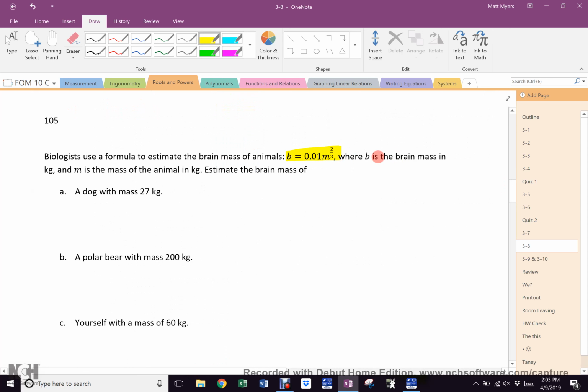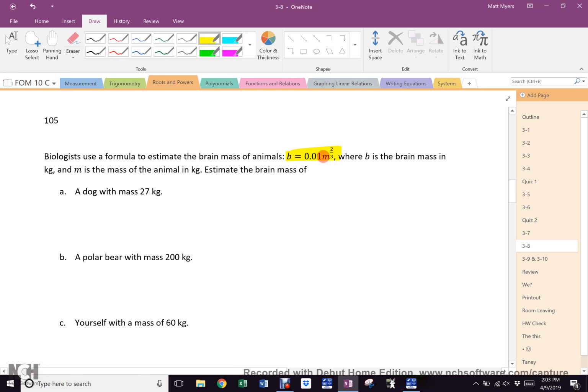My brain mass, B, and the mass of the animal in kilograms, M. Is this a question where I want some weird square-rooted answer, or do I want the actual decimal? Why? Because it's a real-life answer.